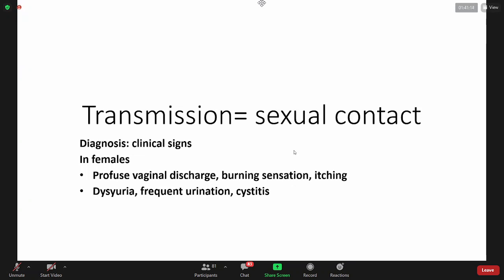Transmission is by sexual contact. Diagnosis depends on clinical signs. In females, the clinical signs include profuse vaginal discharge, a burning sensation and itching, dysuria or difficulty in urination, which may be frequent, and also inflammation of the urinary bladder.